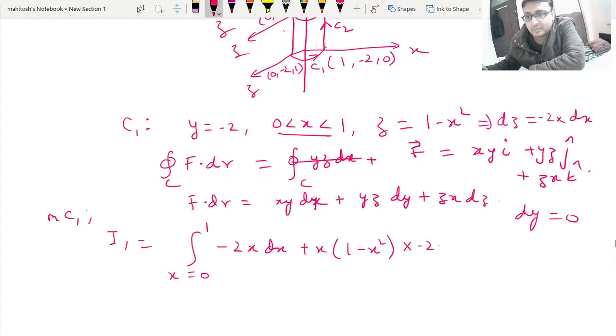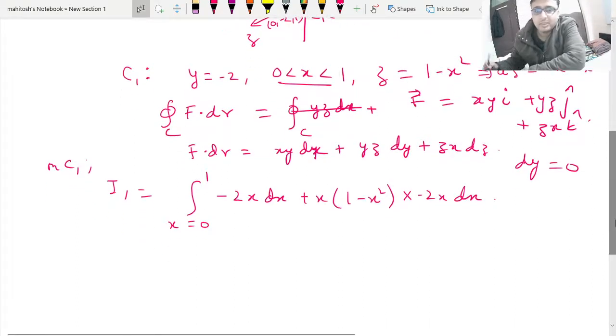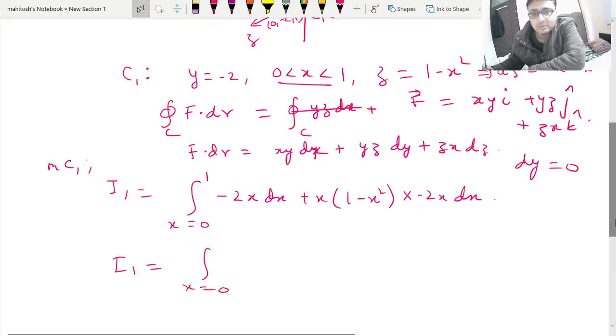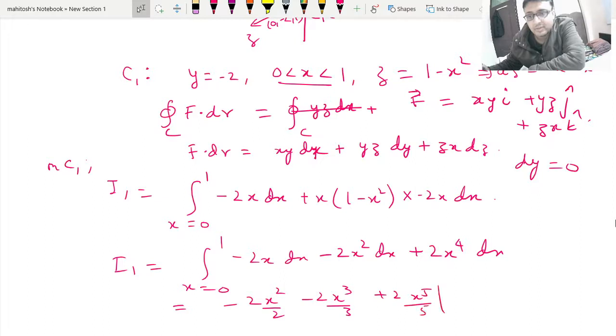So we can write this as minus 2x dx. Now we can find its value. I1 is equal to the integral from 0 to 1 of minus 2x dx minus 2x square dx plus 2x to the power 4 dx. So we can integrate it, plus 2x to the power 5 by 5, from 0 to 1.